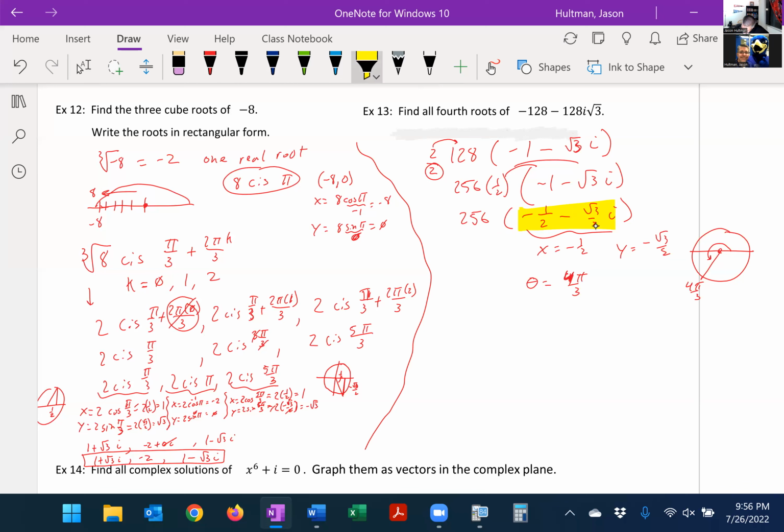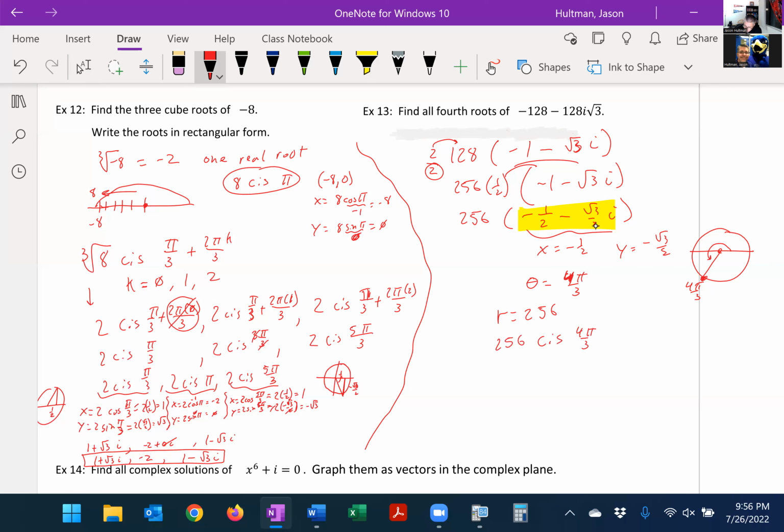This thing that's on the unit circle has a radius of 1, so this portion of it here that's highlighted has a radius of 1, but then it's just being multiplied by 256. So the radius is 256. That's the radius. So we would really get 256 cis 4 pi over 3.